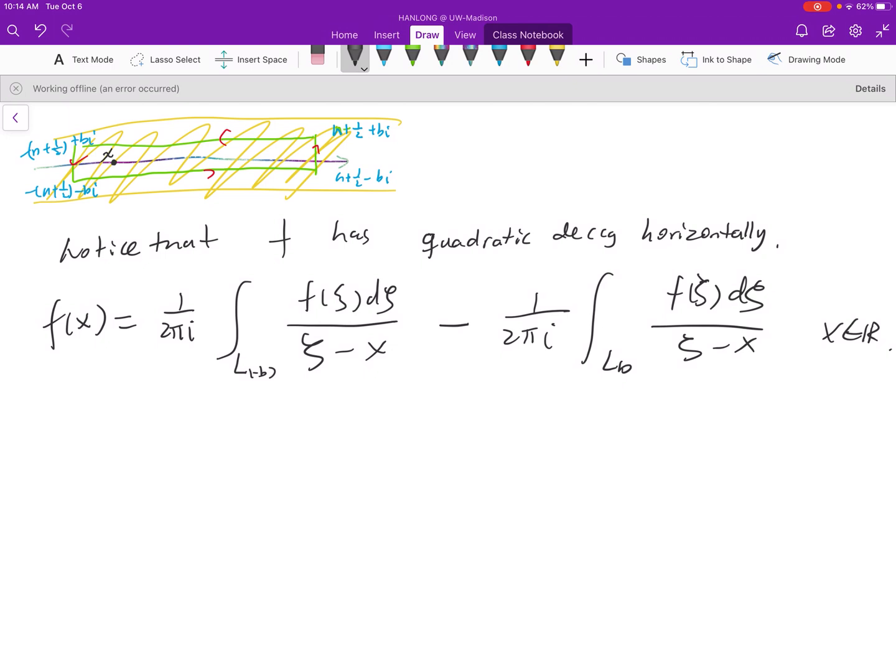Okay, as we showed before, because of the quadratic decay, f hat c exists, and it is defined by the Fourier transformation of f(x).